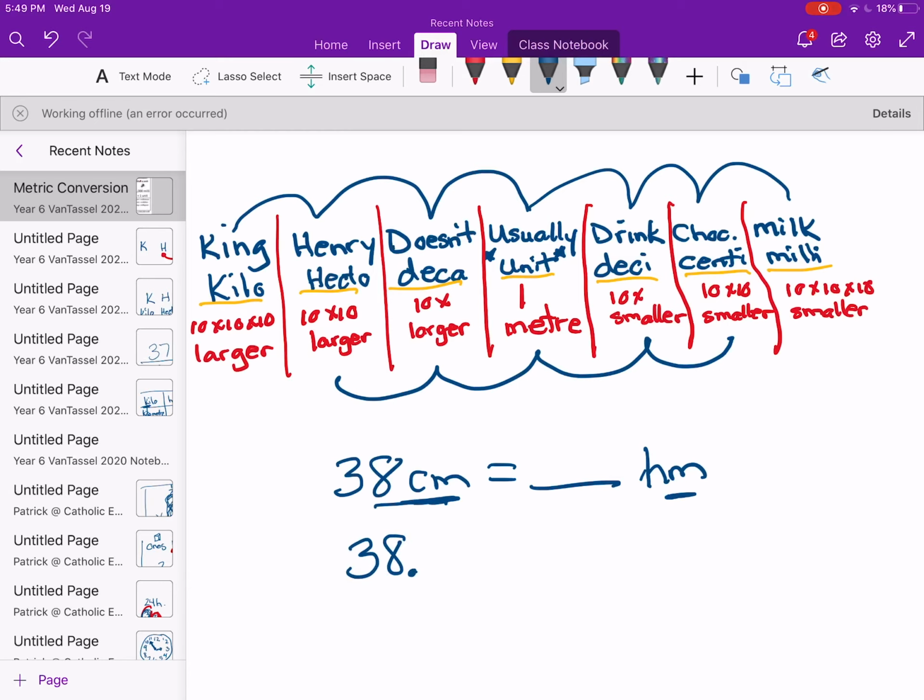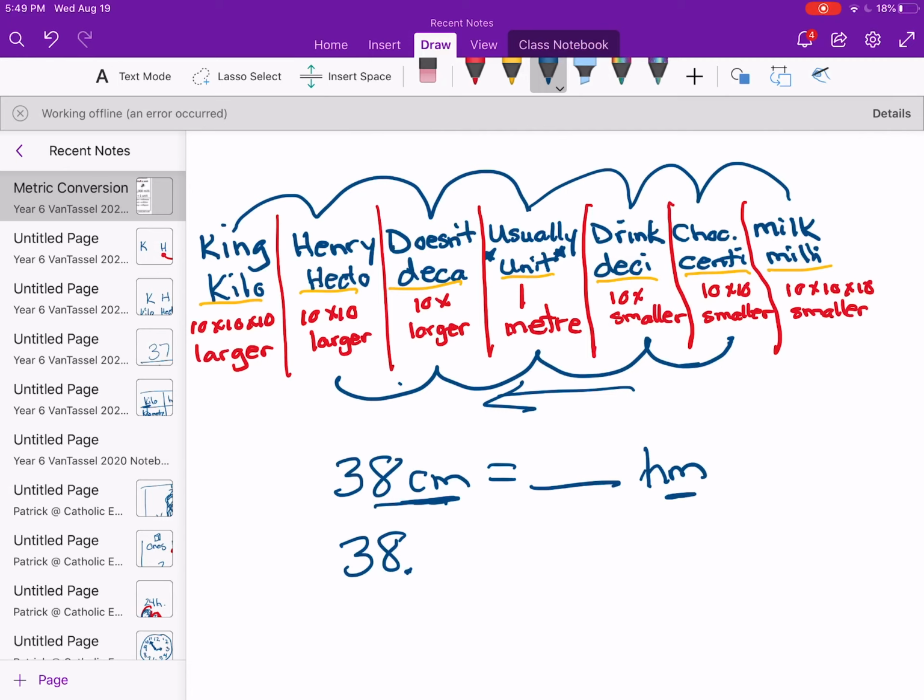If you can't see it, it's on this side of the number, like 38. That's what you kind of remember. That's where it is, because sometimes they get confused and put it on that side. So it's really 38 as a whole. So let me just kind of go back and put that in. 38, put in the decimal. And I'm starting at centimeters, so I'm going 1, 2, 3, 4 that way.